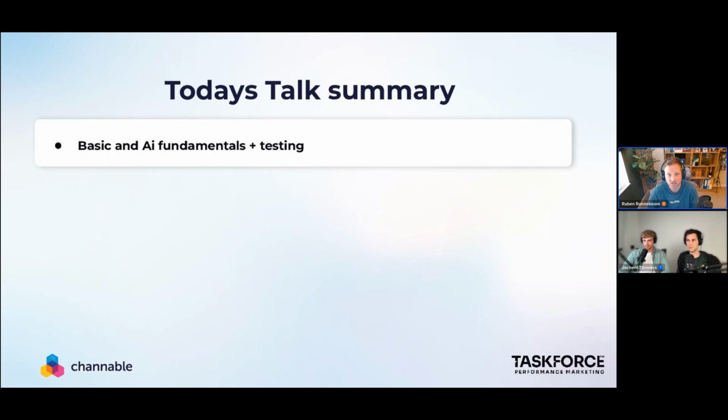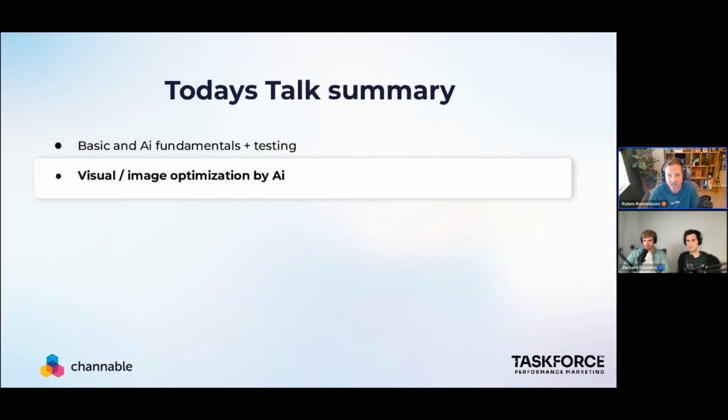For most of us this is clear, but in many cases we see it going wrong either way. After that, we move into visual and image optimization. I think it's a very crucial part that is often missed, or people don't invest their time in. But you can often make the difference within the shopping results by working on it.